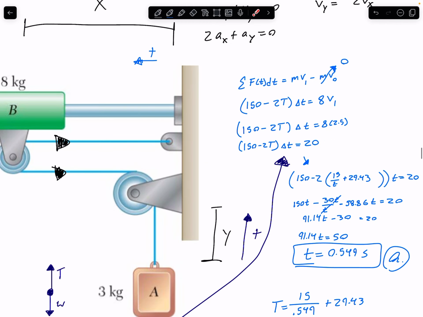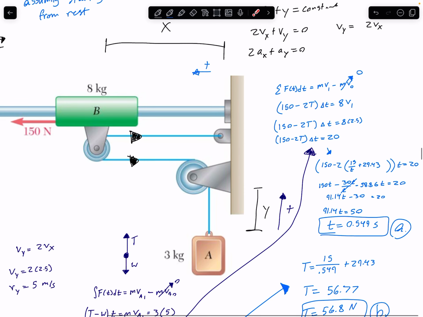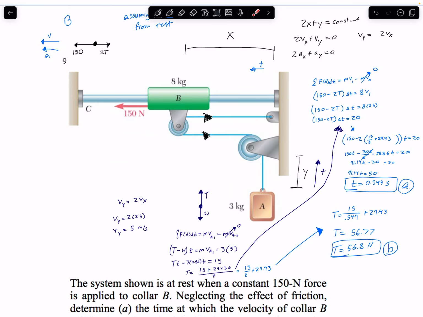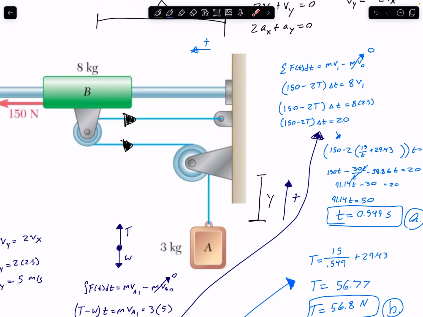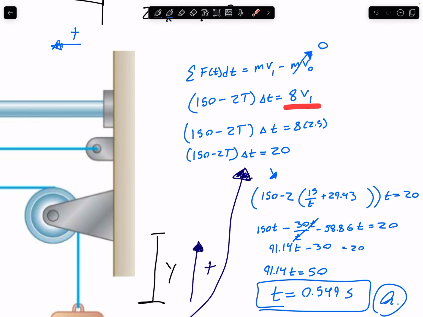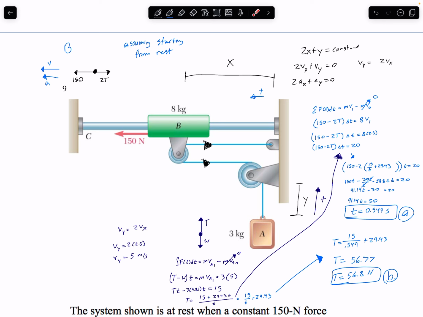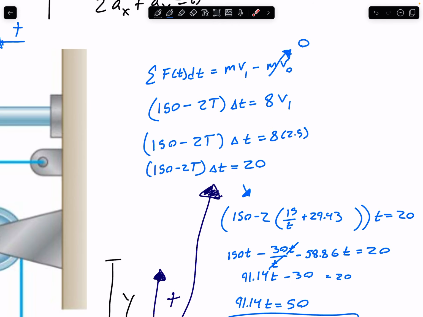We know that the sum of forces times time is equal to the change in momentum, and initial momentum is equal to 0. So we're looking for how long it would take for the 8-pound mass to reach V1, which is 2.5, but we don't know the tension yet or the time.